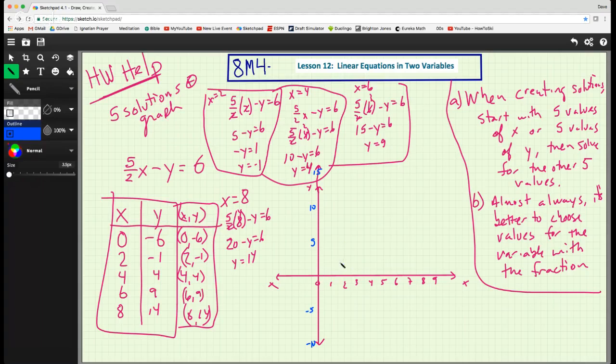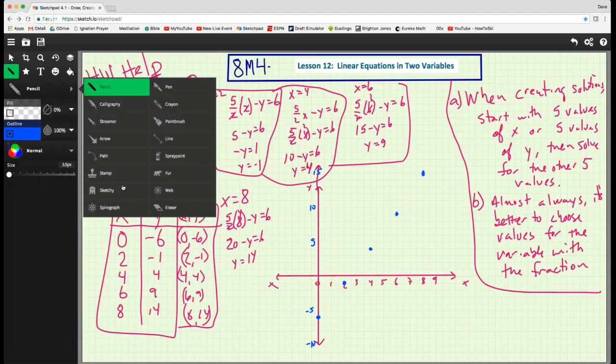Okay. So 0 comma negative 6 is right here. 2 comma negative 1 is right here. 4 comma 4 is right here. 6 comma 9 is right here. And remember, it's got to be a straight line. If I don't end up with a straight line, I did something wrong. 8 comma 14 is right here.